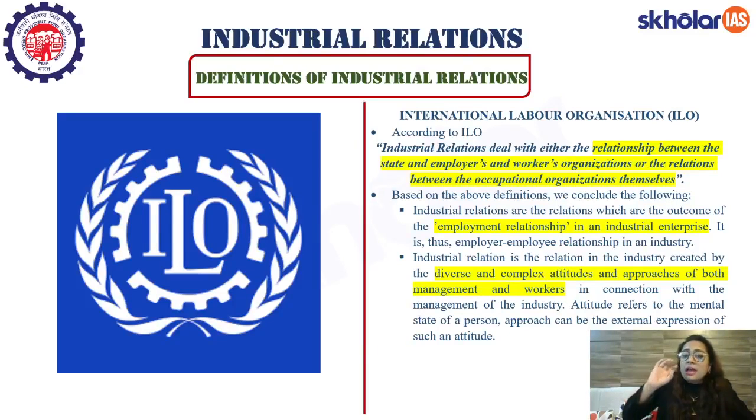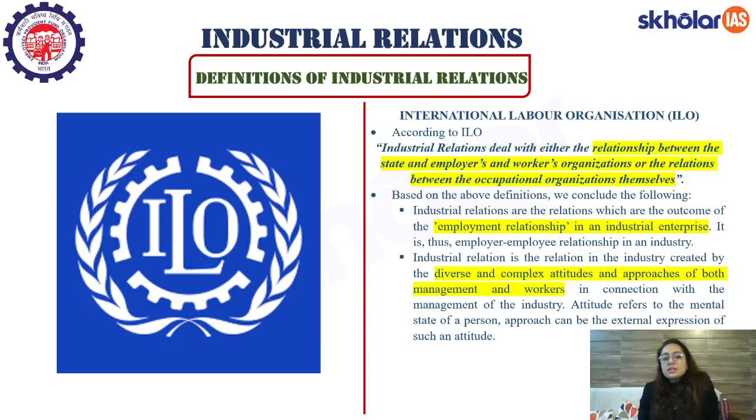But for an industrial enterprise to work in a certain way, the basic understanding of industrial relations is that there should be a relation which is the outcome of an employment relationship, which is, there should be an employer and an employee. It is thus the employer-employee relationship in an industry.